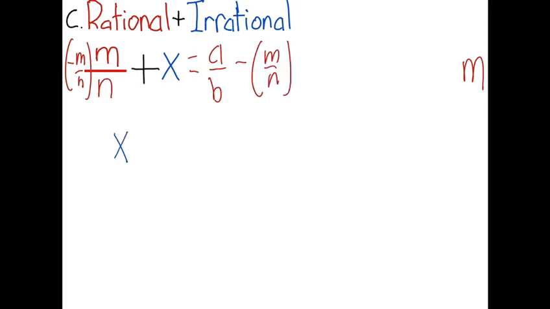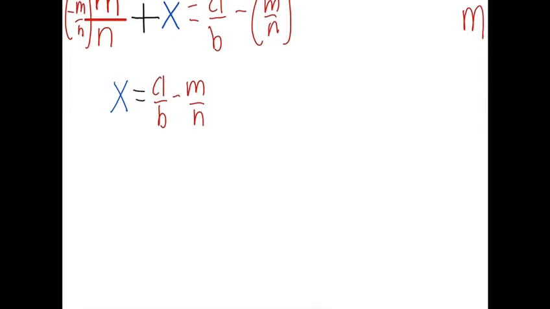So now look, you'll have x on this side, and this will be equal to a over b minus m over n. And just like last time, we need to get a common denominator. So let's make the common denominator nb. To do that, we'll multiply a over b by n over n, and then we'll multiply m over n by b over b.